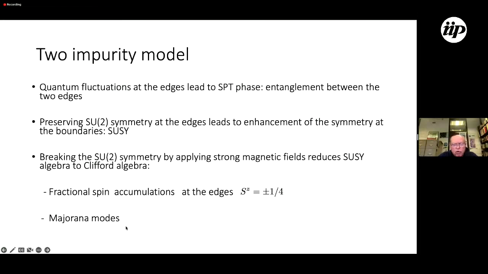And we can construct Majorana modes, and that's what makes this model very attractive to storing quantum information, Majorana modes that map excitations on the left to excitations of the right.